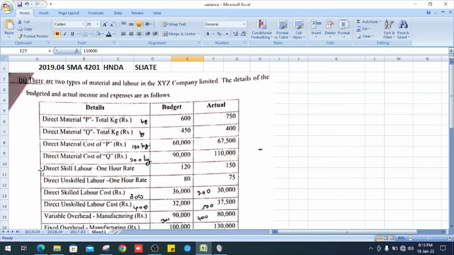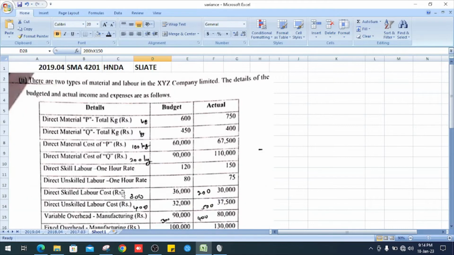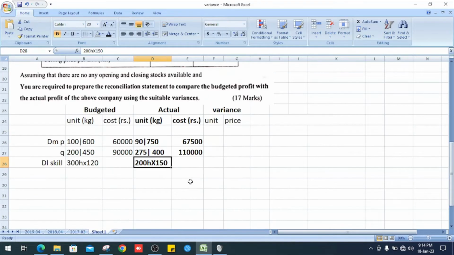Skilled labor hour rate is 120, but actually it increased to 150. Direct unskilled labor hour rate is 80 budgeted, but actually 75 per hour.